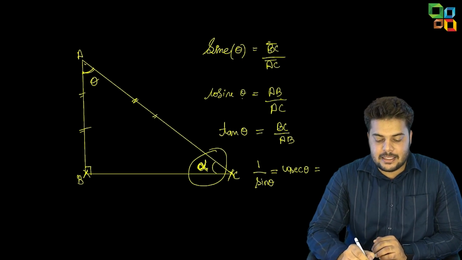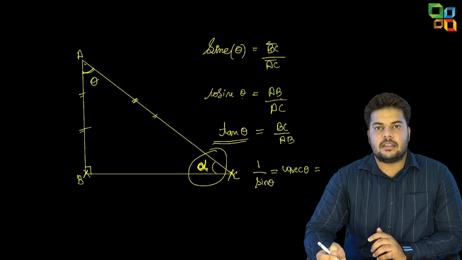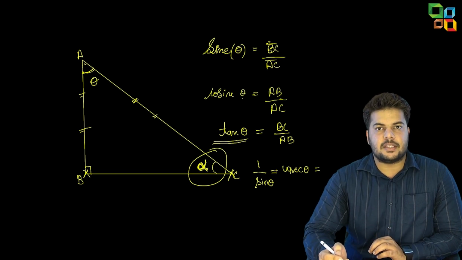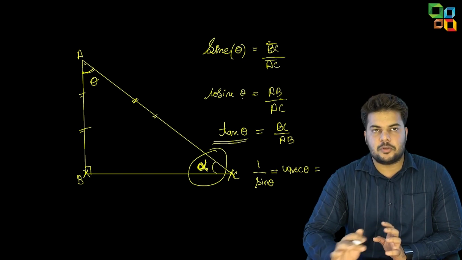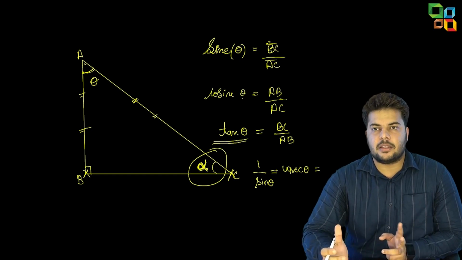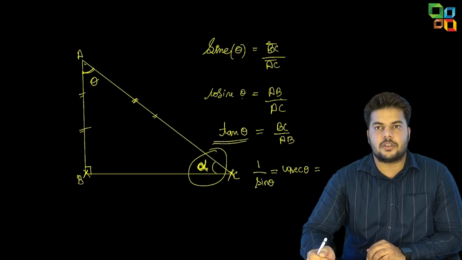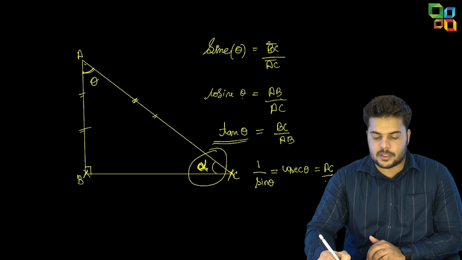Like we are calling tangent theta, secant, cosecant theta. These are words you have heard before, isn't it? What is secant? What is tangent? So those words are not coming there by accident. But we are not going to discover why these words are coming. We are just going to accept it for now. So 1 by sin theta is cosecant theta, and that is nothing but hypotenuse by opposite side.